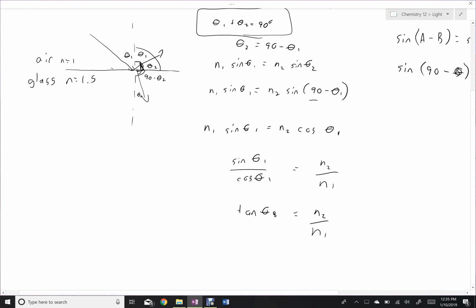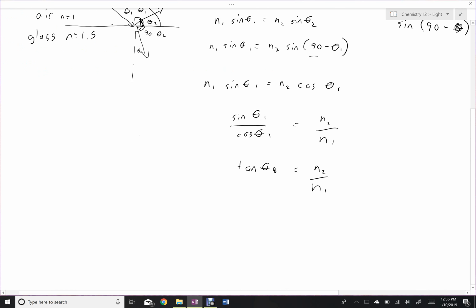Let's take our specific case with glass and air, and we would say that tan theta b is equal to 1.5 on 1. And that works out to be theta b is 56 degrees.